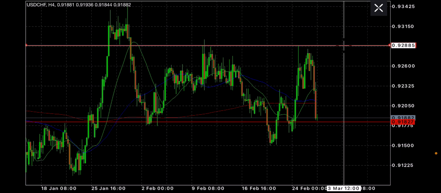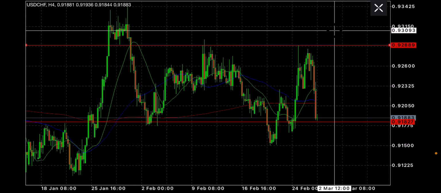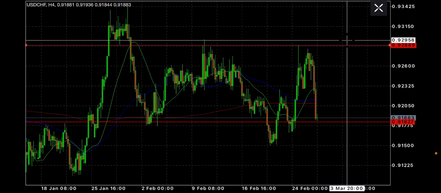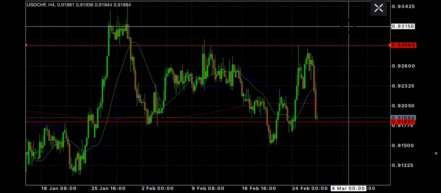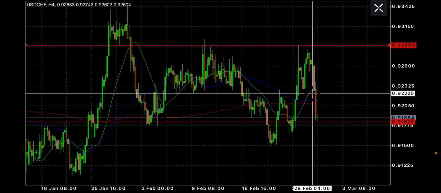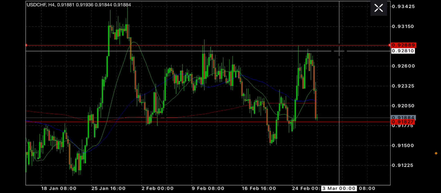We will break this range line extreme here. We'll have a push up, then a push down range and continue, or we'll have a push up range and continue. But more than likely, we will just be continuing to bounce between these two price points.